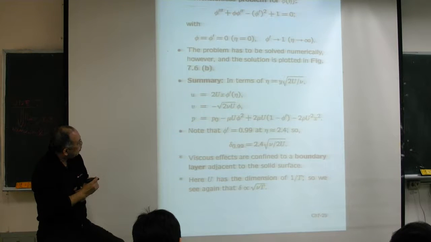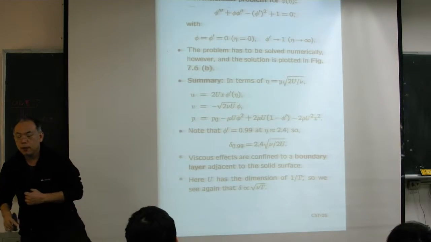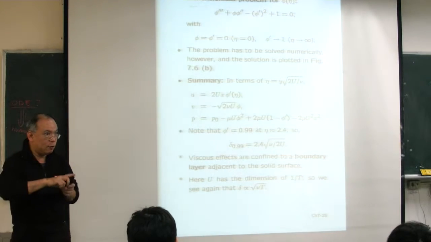So delta 0.99 represents eta equal to 2.4. So when eta equal to 2.4, y equal to delta 0.99. As you can see, 2.4 divided by this value, square root of mu over 2u, gives you the boundary layer, the viscous layer thickness.